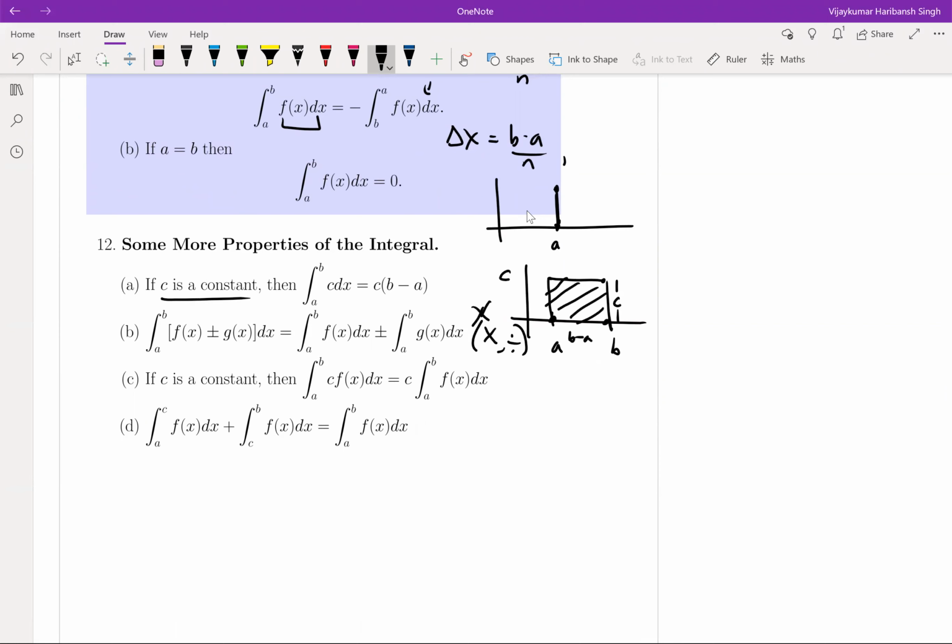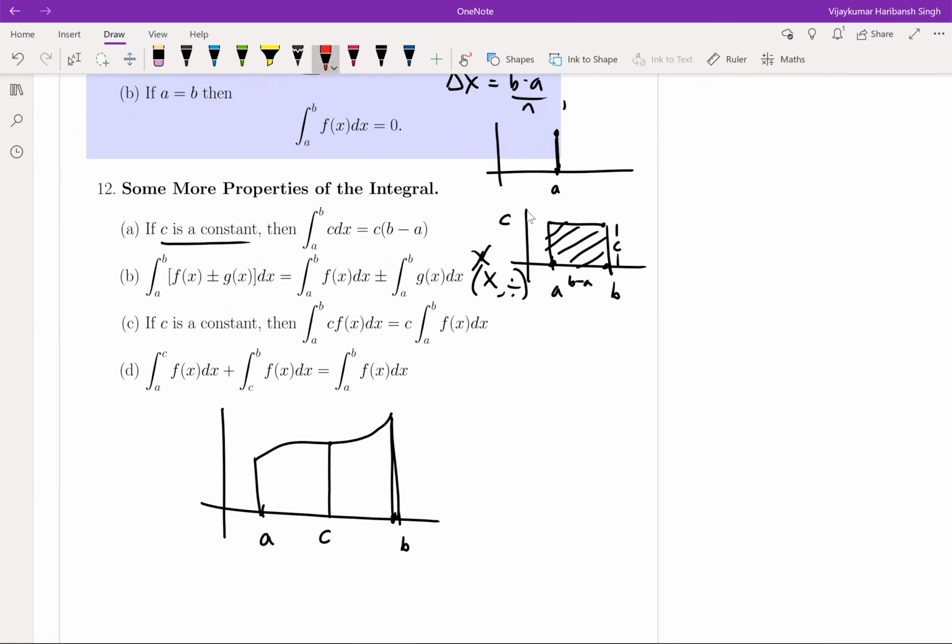Now, another thing is, suppose c is any point.